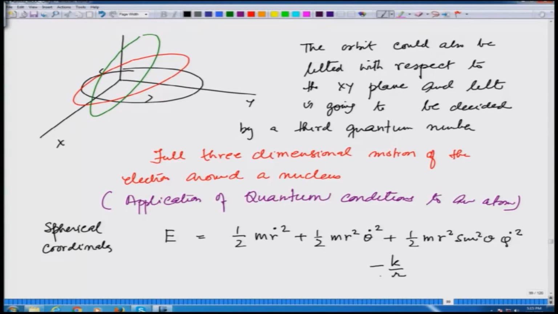So, now there are going to be 3 generalized momenta. And what are these?